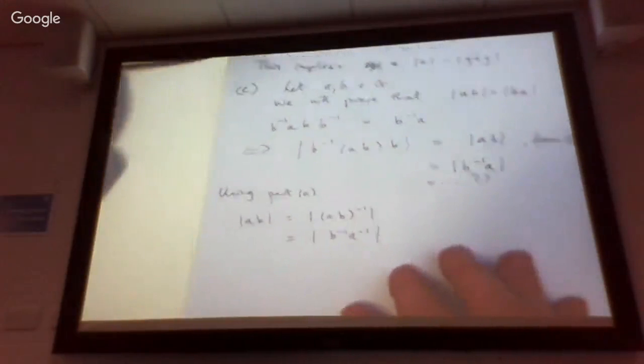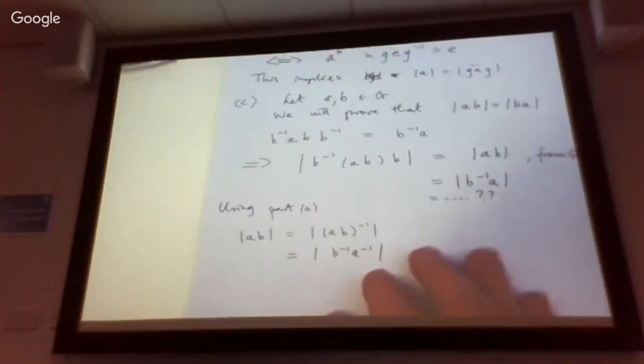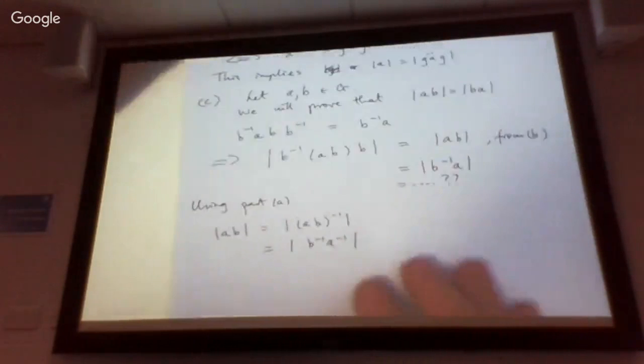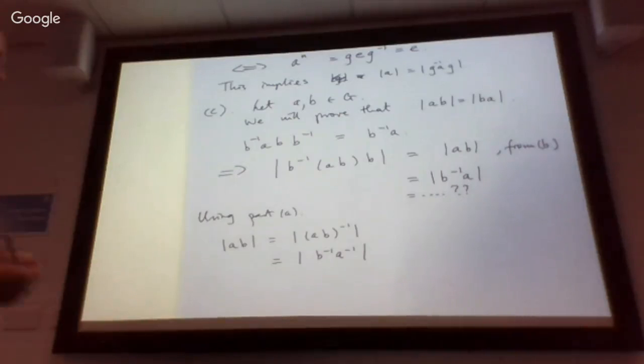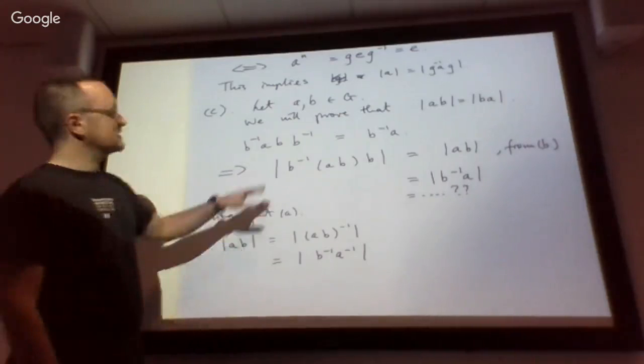Some books will set the operation of conjugation by G as G inverse. This one does it as G inverse AG. It's just an arbitrary choice. And what this was leading up to was part C.